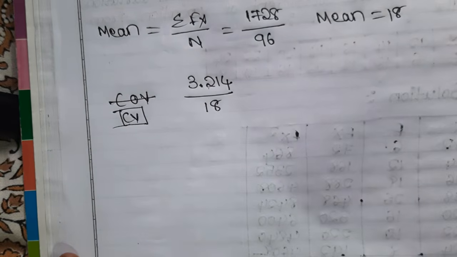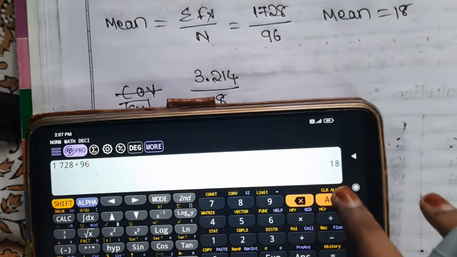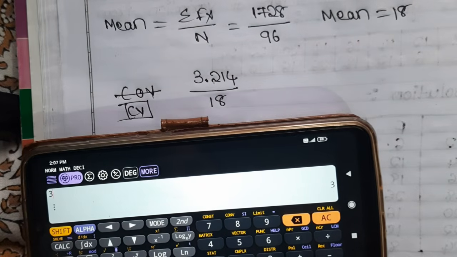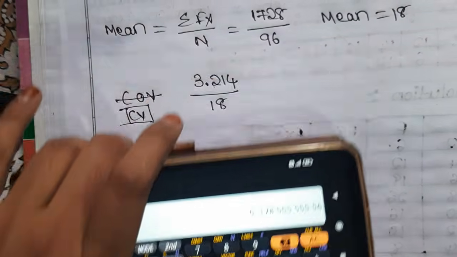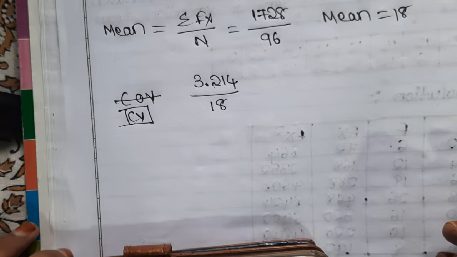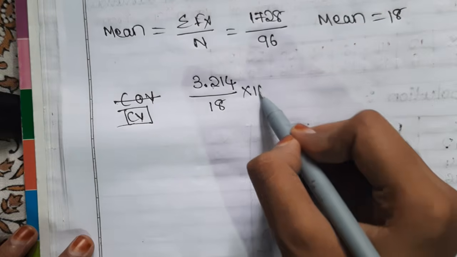Now let us do the calculation. 3.214 divided by 18. How much did you get? You got 0.178, into 100.